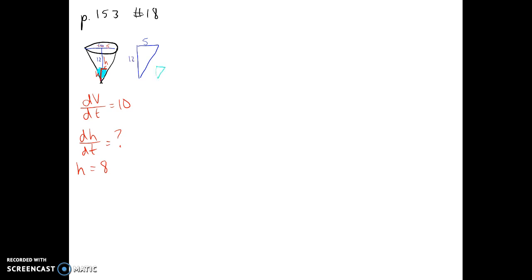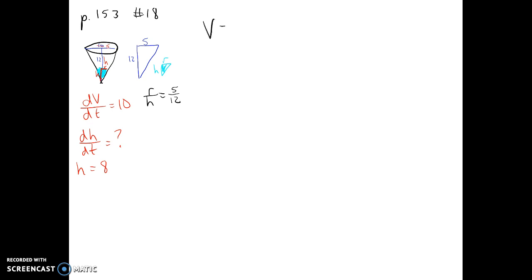So this turquoise triangle of water is r and h. So I have similar triangles. I can set up a proportion of the sides. Lots of different ways you can do that. But I could do r is to h as 5 is to 12.